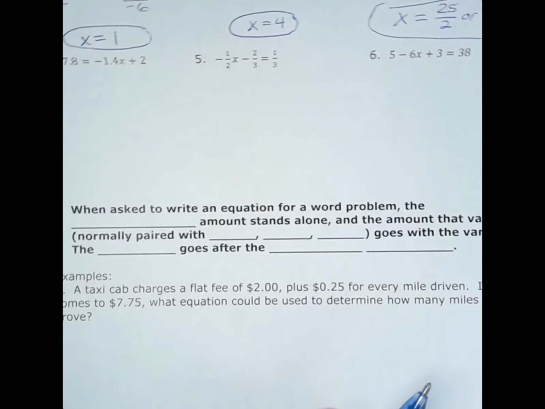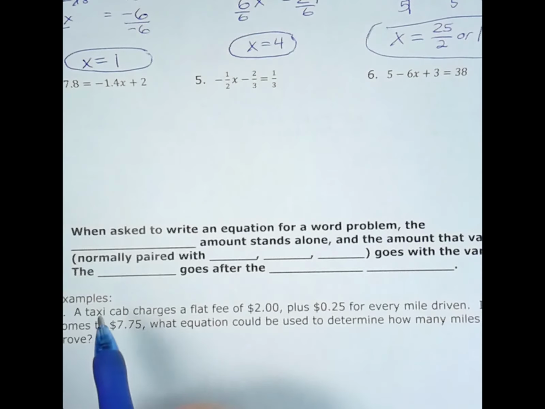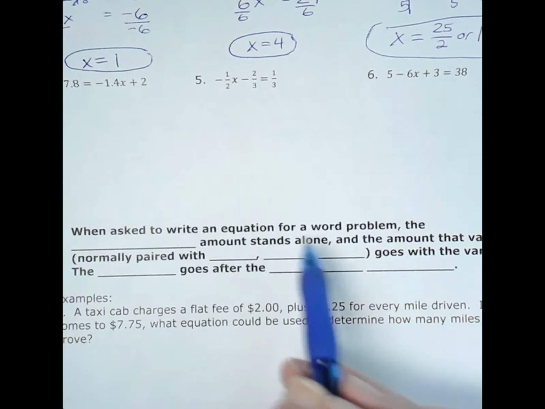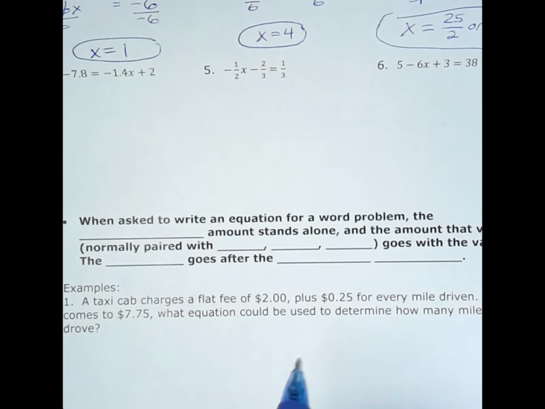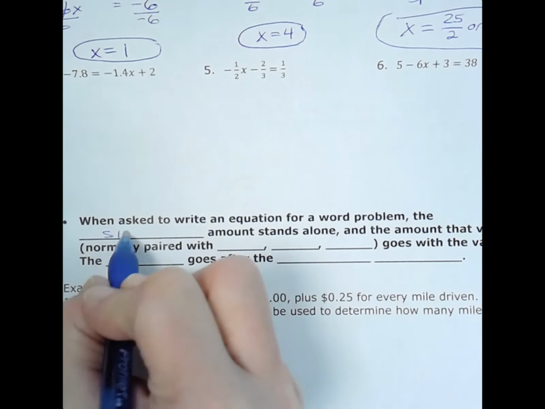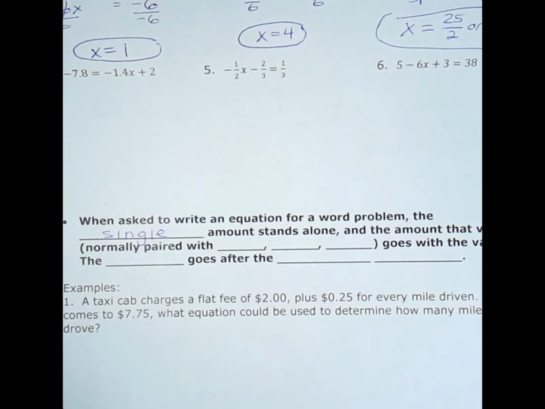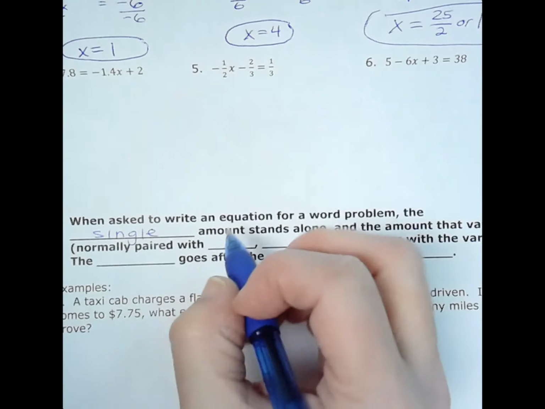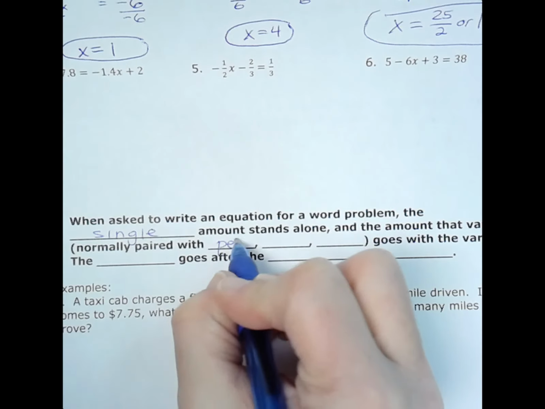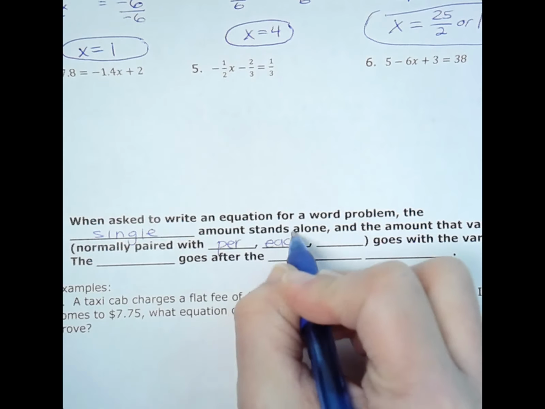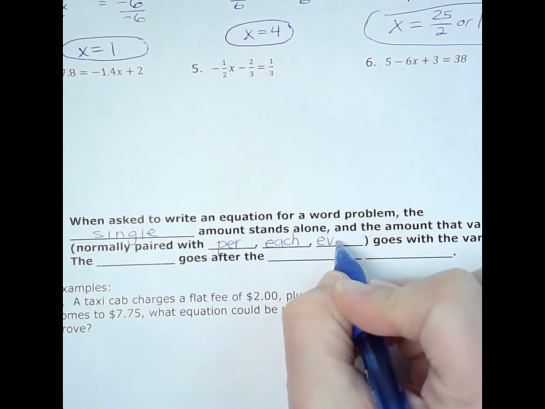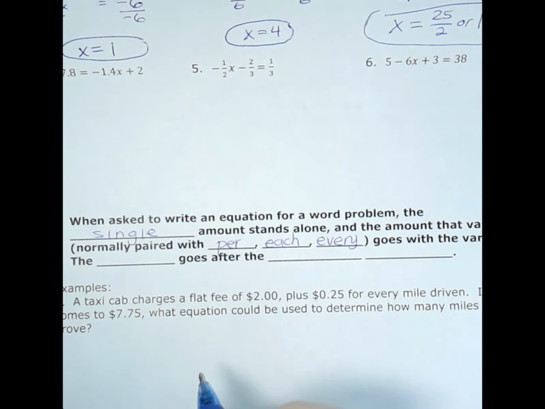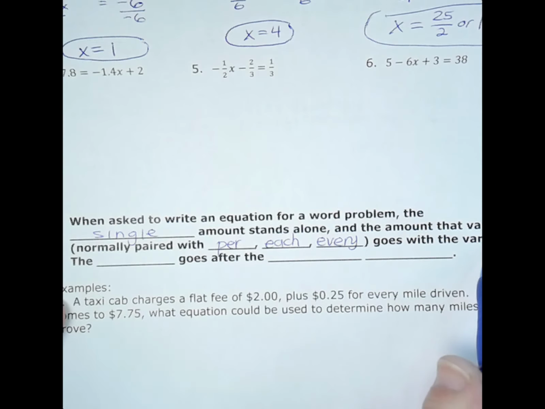Okay, let's look at some word problems. Remember, when you are asked to write an equation for a word problem, the single amount stands alone, and the amount that varies, remember, those are the words per, each, maybe every. Those are the numbers that go with the variable.